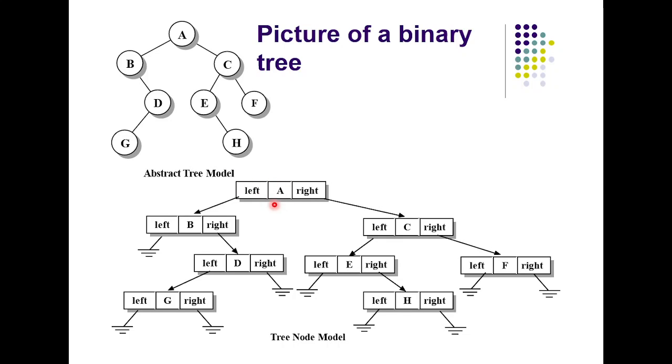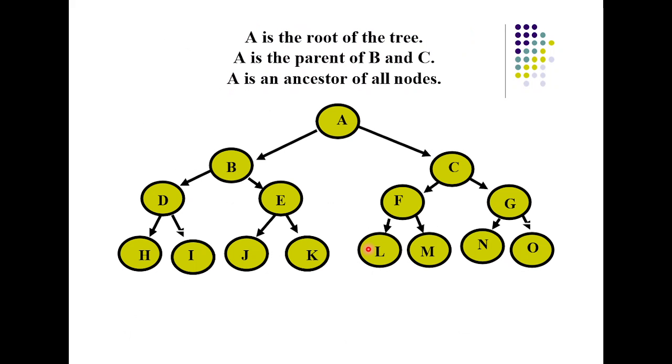It has an information part where the information is stored, and it has two link parts: one is the left part and the second is the right part. The left part contains the address of the left node, and the right part contains the address of the right node. Similarly, these nodes can further contain the addresses of left and right nodes.